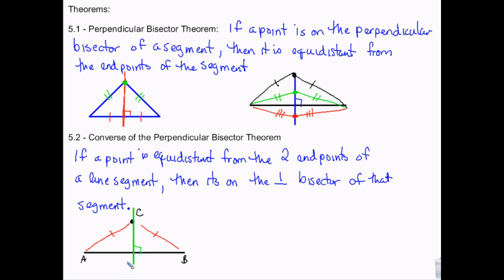So this is one of those theorems that goes both ways. If you have a perpendicular bisector, any point on it is equally distant from the ends. Or if you have a point that's equally distant from the ends, it's on the perpendicular bisector.